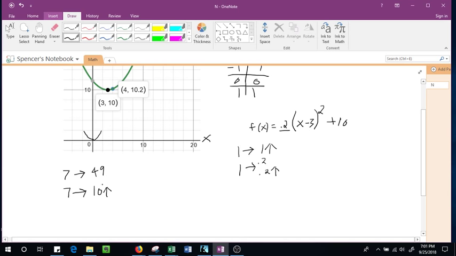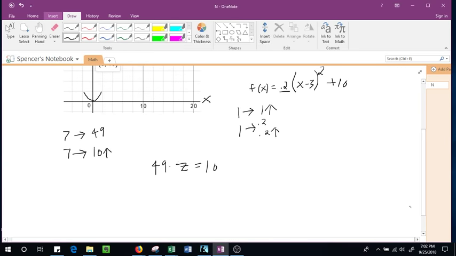Okay, so we need to now find what value 49 times what is equal to 10. So if we want to do that on the side over here, 49 times some value, let's call it z, it can be any variable, is equal to 10. So to solve for our z value, we're going to divide both sides by 49.